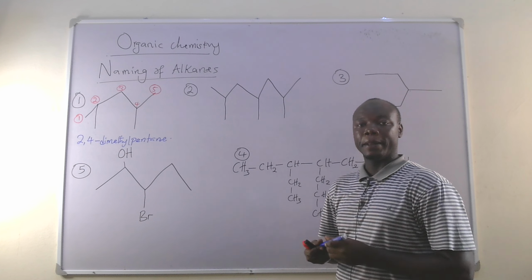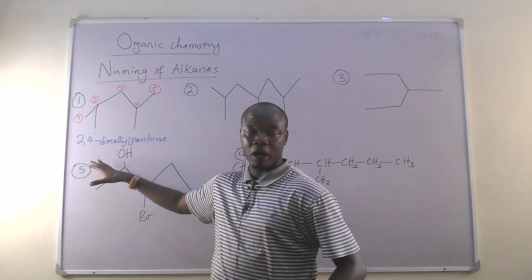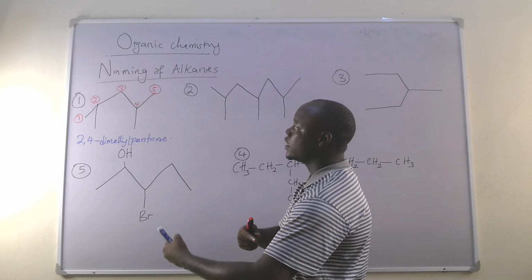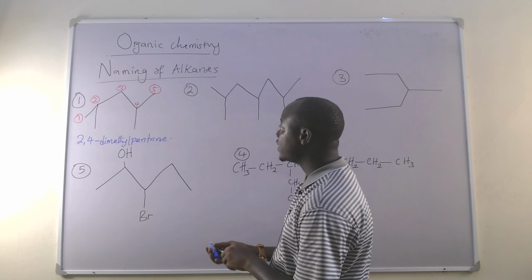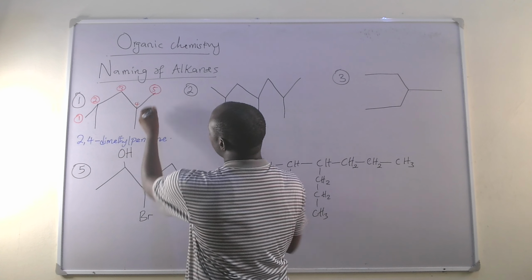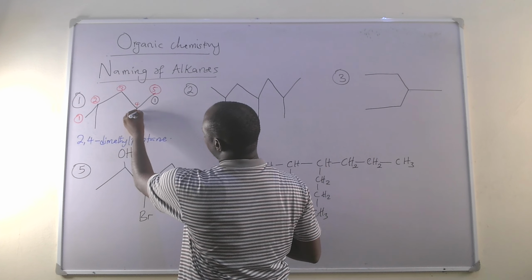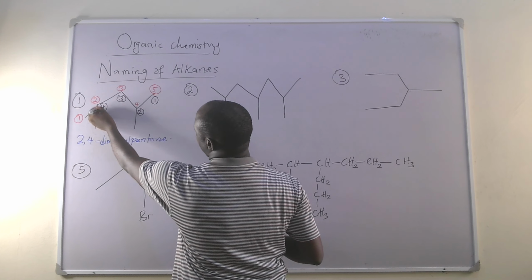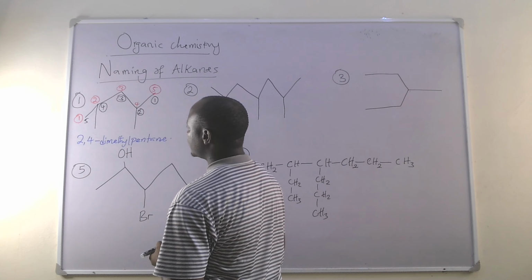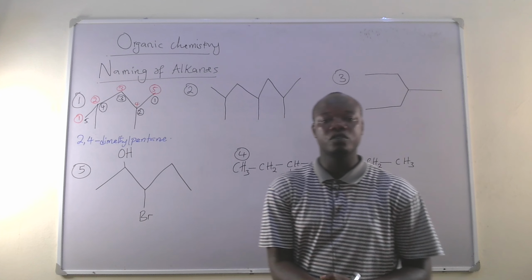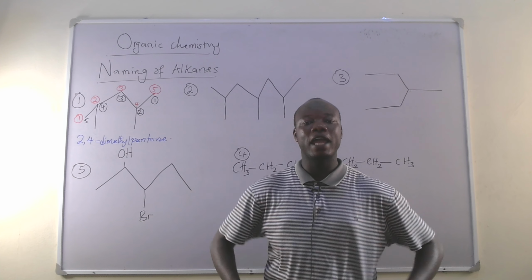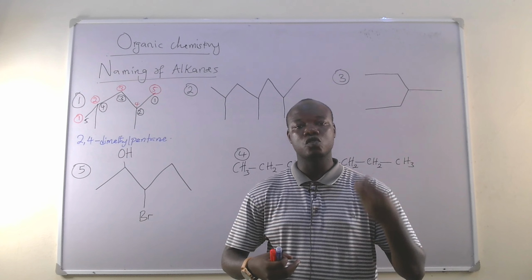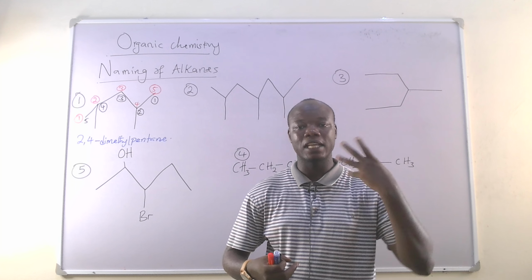So I have now named this first compound. But we can still start the numbering in the reverse direction. Here we can see 1, 2, 3, and this one is 4 and this one is 5. Remember from my previous video, I told you that while naming organic compounds, the first thing is to take the lowest number.